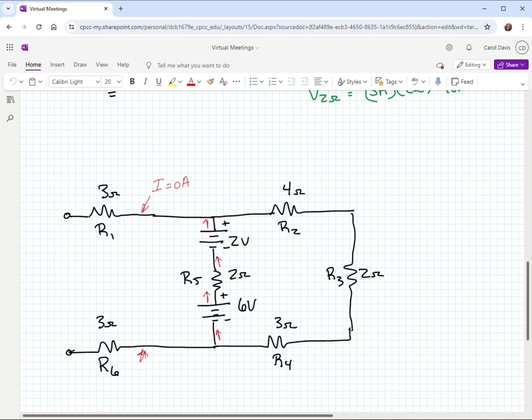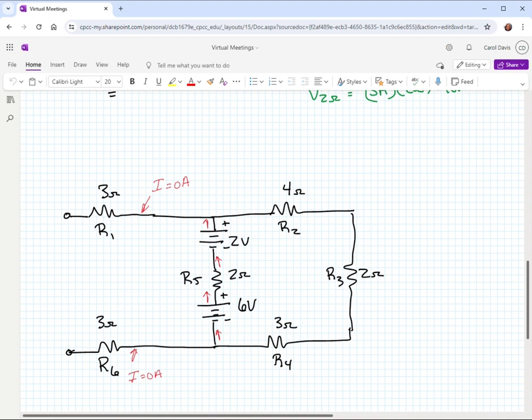So we've got I is 0 down here as well. Again, just think about it in terms of the current needs a complete path. Otherwise, there's just not going to be any current. Can't happen. Okay, so let's look at the other side of the circuit on the right-hand side.